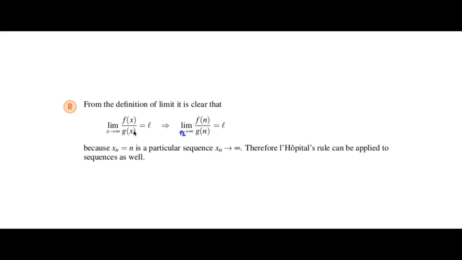Because we have this sequence x_n equals n, which is a particular sequence that goes to infinity, okay? And we know that if this limit exists, that means that all the sequences that go to infinity have this limit, okay? So n is one of those sequences. So that means that we can apply L'Hopital's rule to limits of sequences as well, okay?